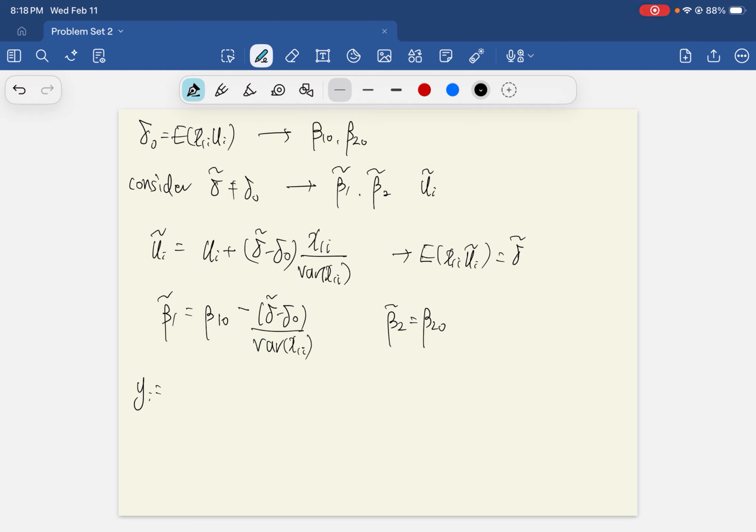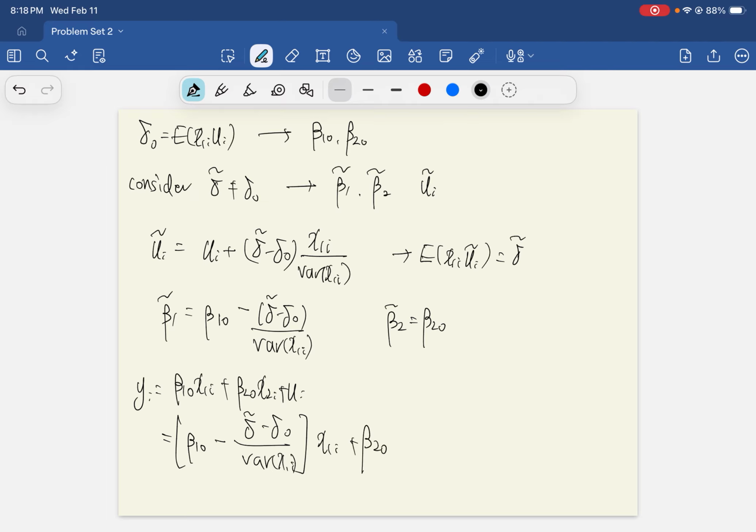So then, as you see, beta 1 0 x1i plus beta 2 0 x2i plus u can be written as (beta 1 0 minus delta variance x1i) x1i plus beta 2 0 x2i plus u_i plus this much.